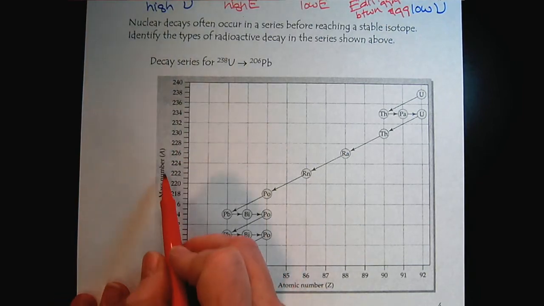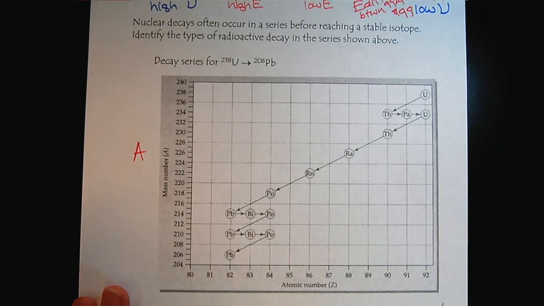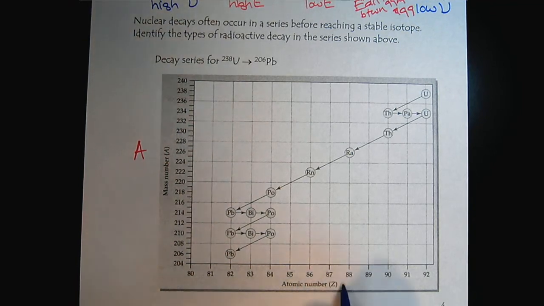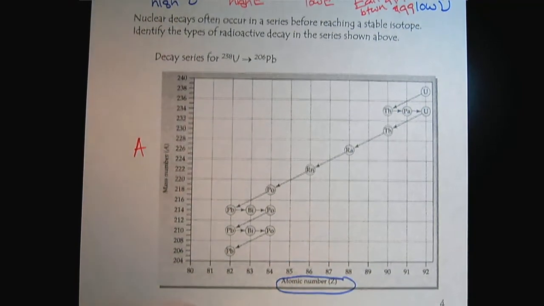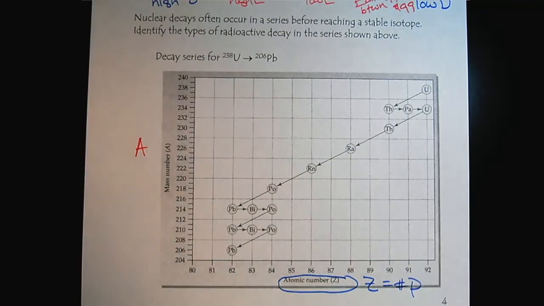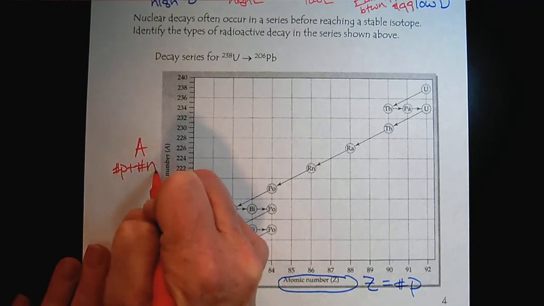So here's our mass number A along the y-axis, and then here is our atomic number Z along the x-axis. So this is the number of protons, and this is the number of protons plus the number of neutrons.